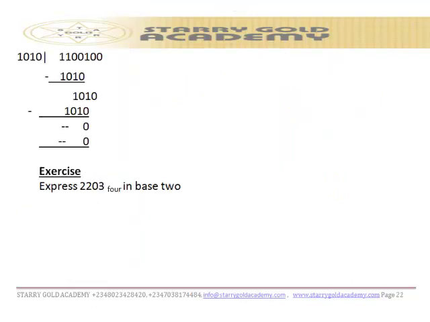On the next page you have 11001100. I'm going to use two methods here. So first, let's stick with this one.